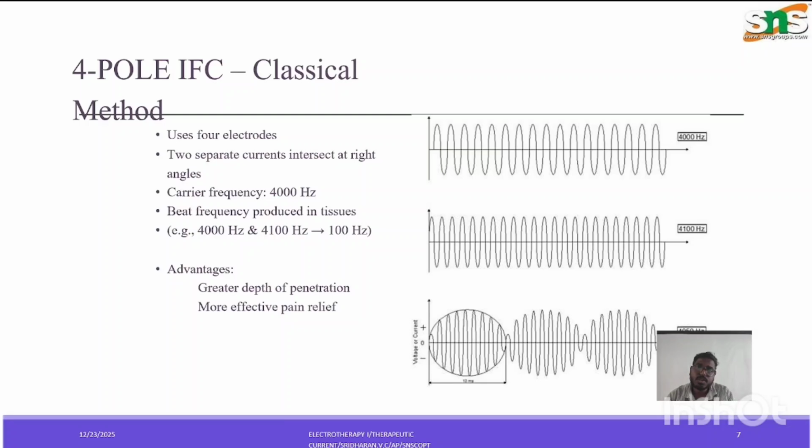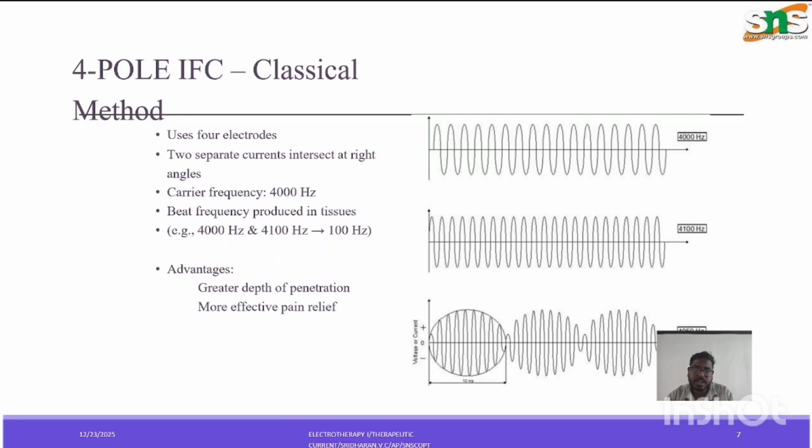Next, we're going to see about the four-pole interferential current, which is also a classical method. By using four electrodes, the two separate currents intersect at a right angle. The carrier frequency is 4000 Hz, whereas the other electrodes give more than 4000 or else less than 4000. The difference between the carrier frequency and the other frequency shows the beat frequency effect.